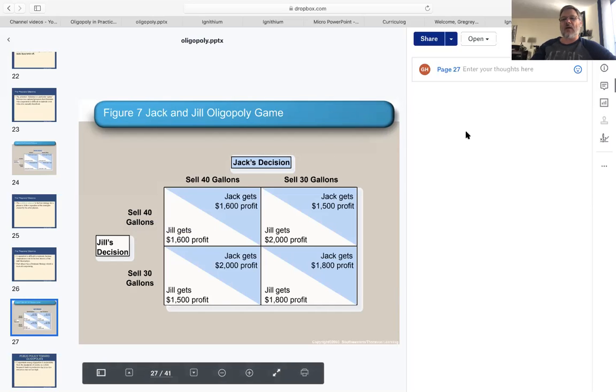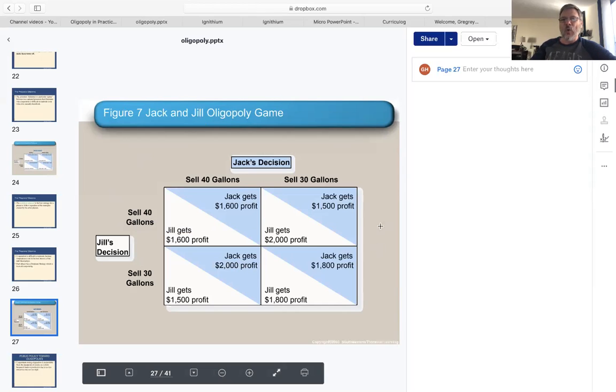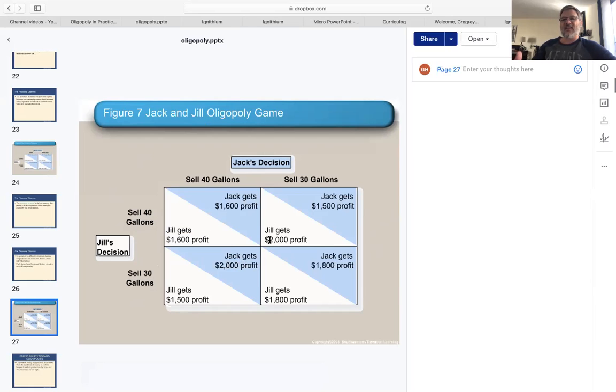So even though, if we're considering as a society only the players here, Jack and Jill, there's an inefficiency, when we apply this to the decisions of producers, we know that on the other side there are also consumers in society.